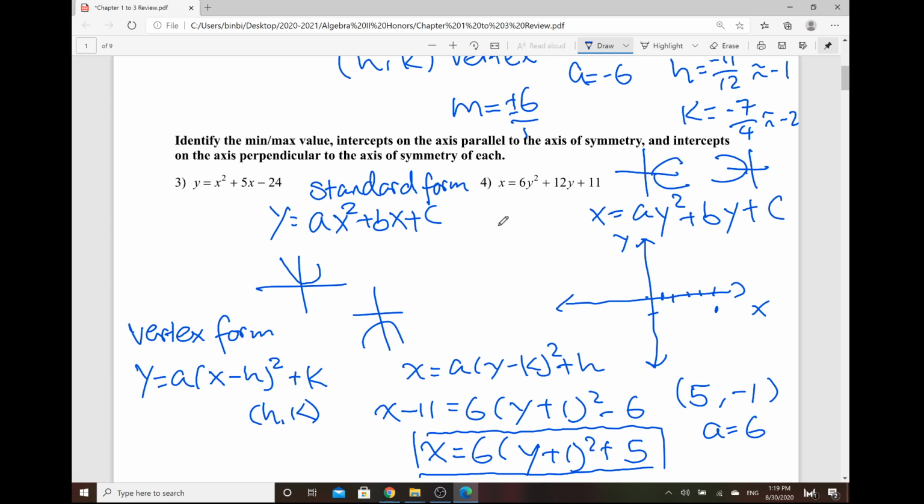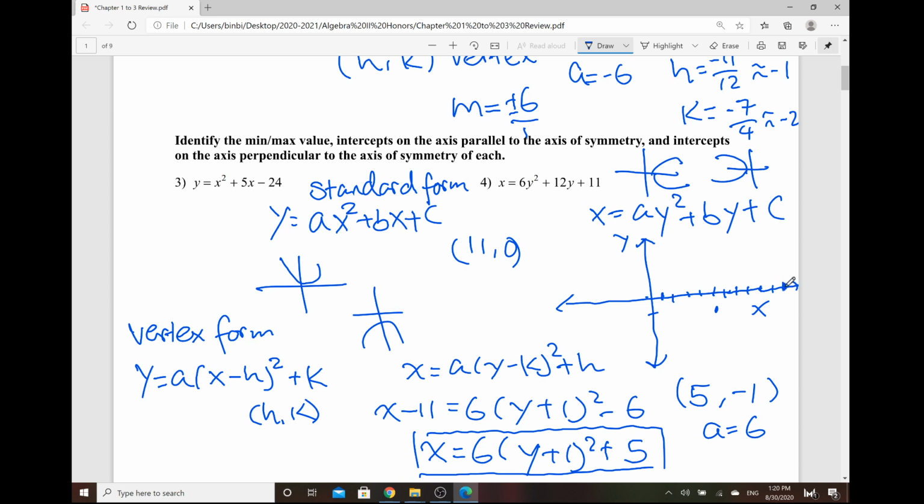So what we found earlier, the x-intercept is 11, 0. So I need to extend the x-axis. So try to extend it all the way through. So we got 5, 6, 7, 8, 9, 10, 11.